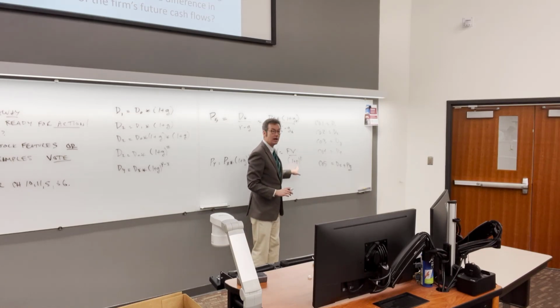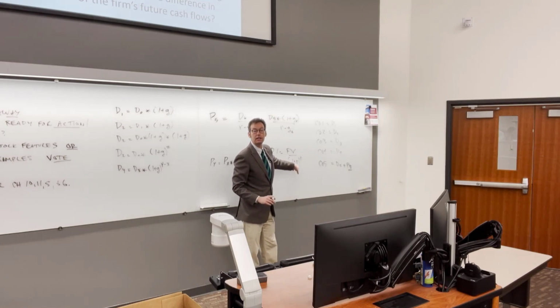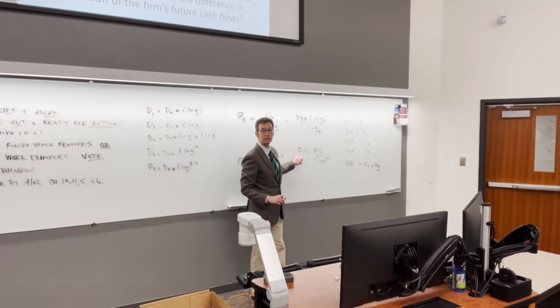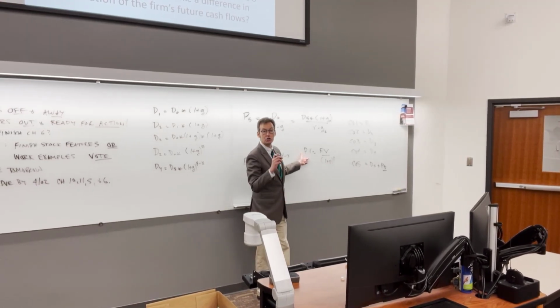Now, if my estimate of g is 1% too high, then my estimate of R will be 1% too high. I'm going to be dividing by a larger number, so my estimate of the present value will actually be smaller.